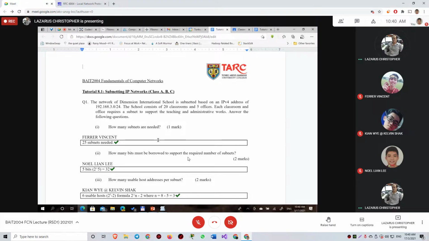There are a lot of skills you need to know here. That means identifying the address given to you, whether it's a private address range. We don't subnet public IPv4 addresses. We subnet private IPv4 addresses, and private addresses come in 3 classes.